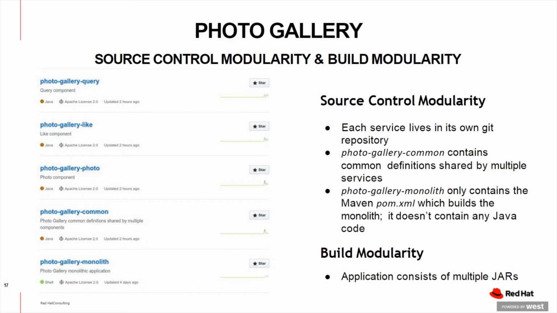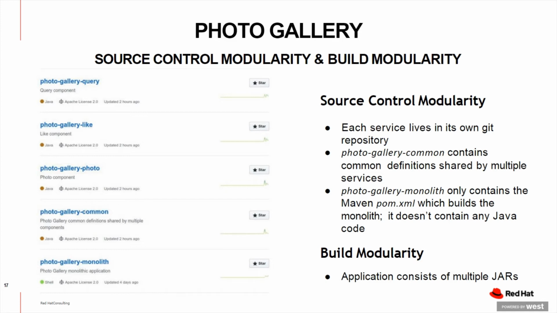Now I'm coming to the next flavor of modularity which I wanted to demonstrate, and that's the source code or source control modularity. As Eric already said, we are storing the source code for each of the services or modules in a separate Git repository. So our application is actually living in 5 Git repositories, and the first 3 here are holding the source code for each of the services.